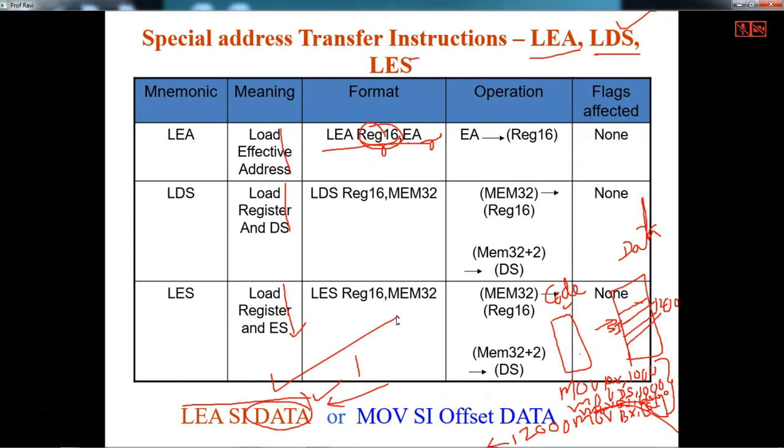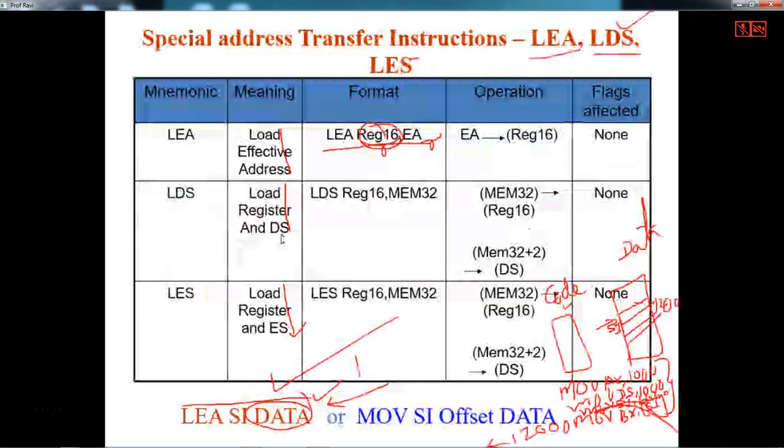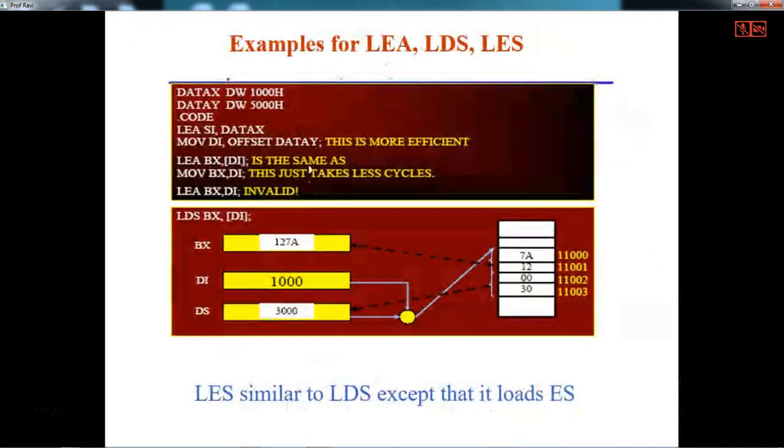Then if you see the next instruction, LDS, the meaning of the LDS instruction is load register and DS. So now you see LDS BX comma DI. What do you mean by this instruction?